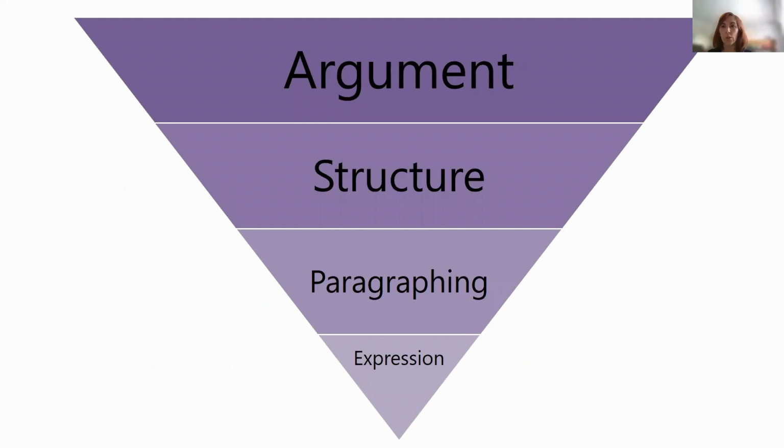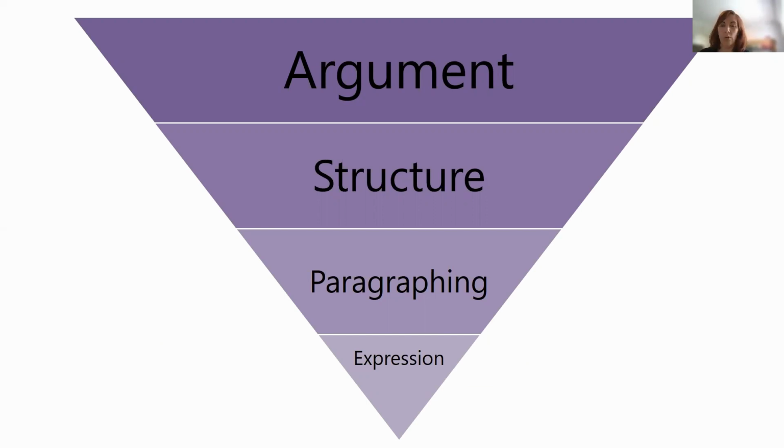So again, this is a good way to think about it. We've seen these four things listed in a certain way, but it's good to think about this graphic as argument at the top, the biggest thing that then feeds down into the other three elements of structure, paragraphing, and expression, and goes back up again to that biggest piece, argument. Everything that you do beyond argument is about supporting that argument.